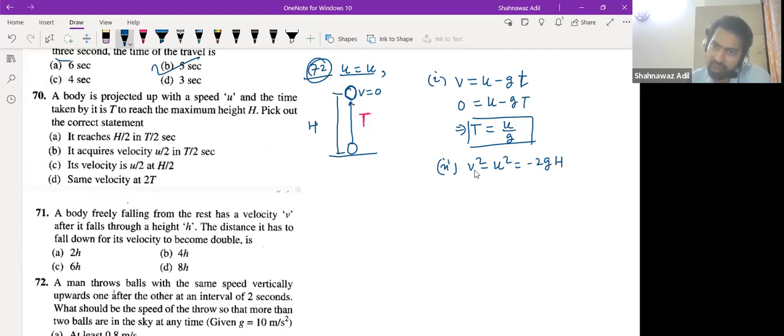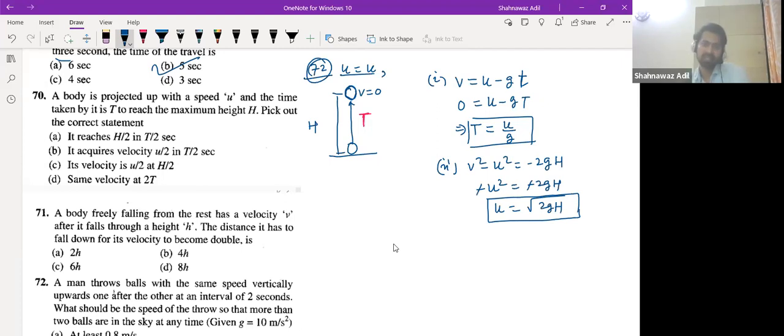Yes, sir. At h, this v is 0, so this is minus u square, which is minus 2gh. So our u is root 2gh, right? Yes, sir.